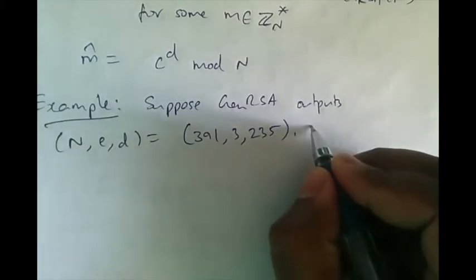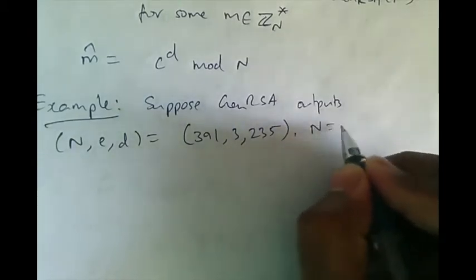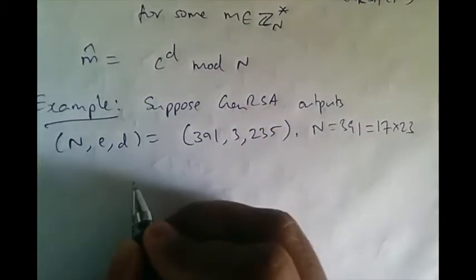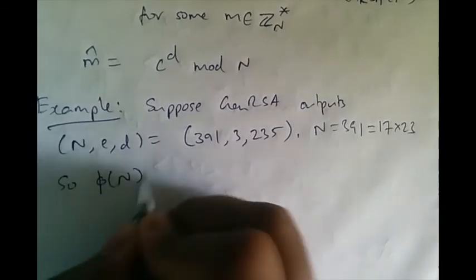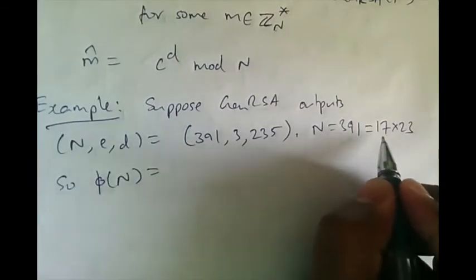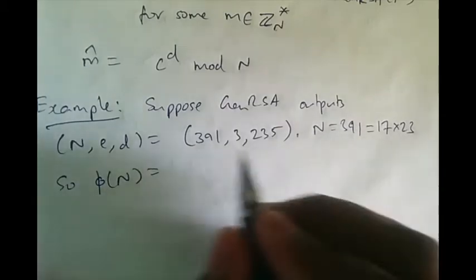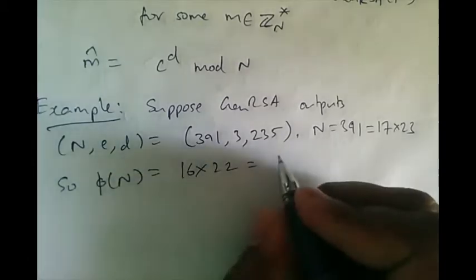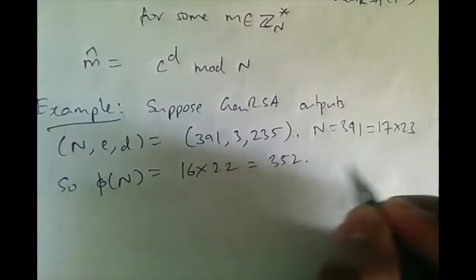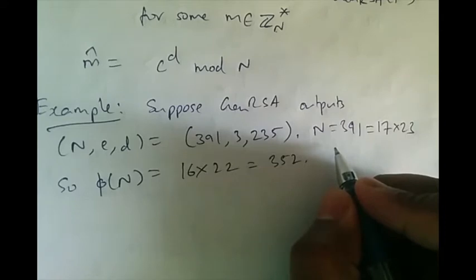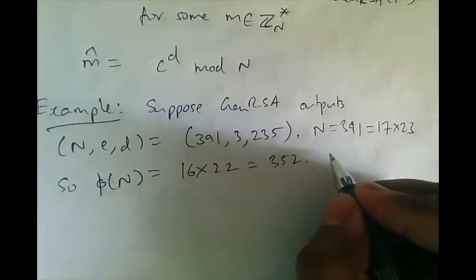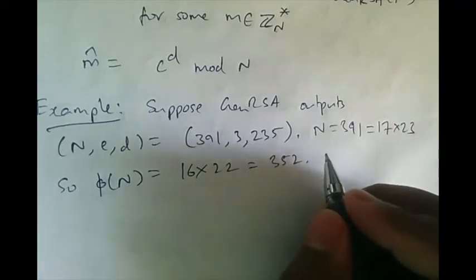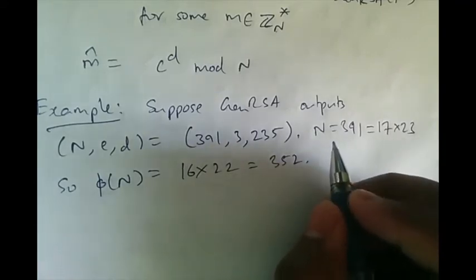So here n is 391. It's a product of 17 and 23. So phi of n is, recall that if n is p times q, phi of n is p minus 1 times q minus 1. So it's 16 times 22. It's 352. And also the d has to be the multiplicative inverse of e modulo phi of n.